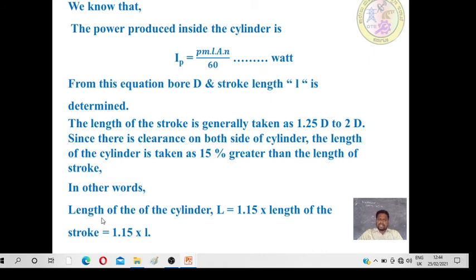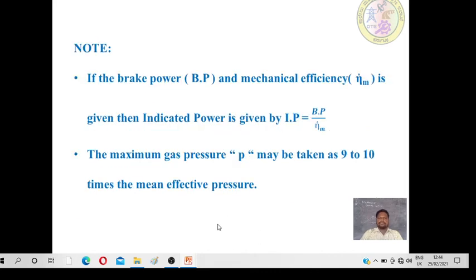In other words, the length of the cylinder, capital L, is given by 1.15 into small l, where small l is the length of the stroke and capital L equals length of the cylinder.